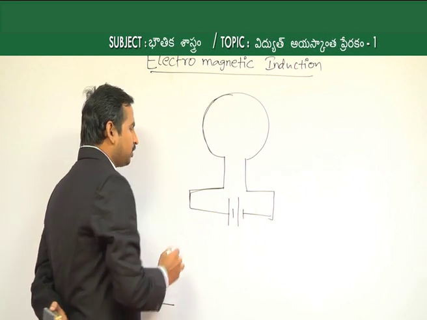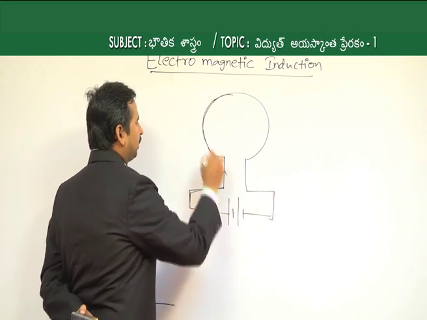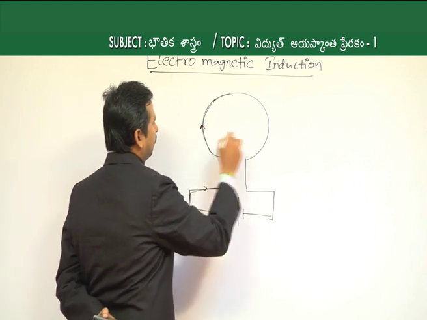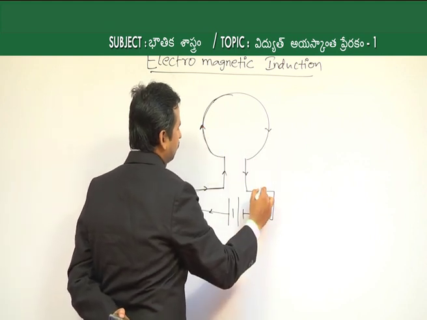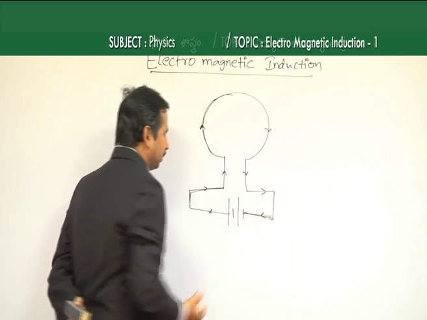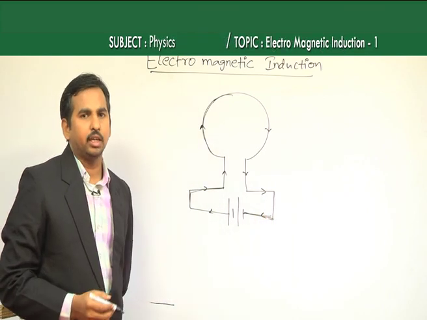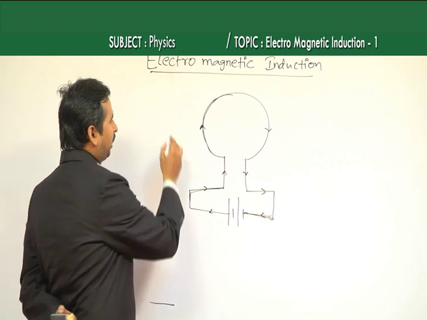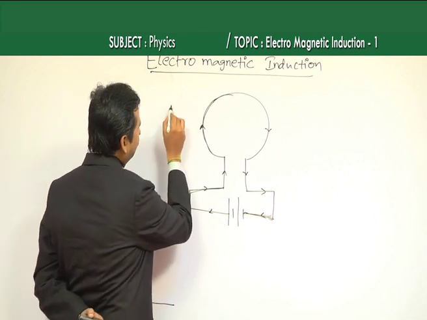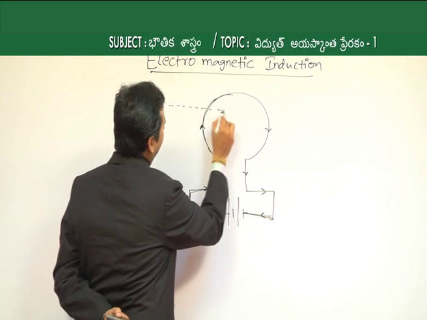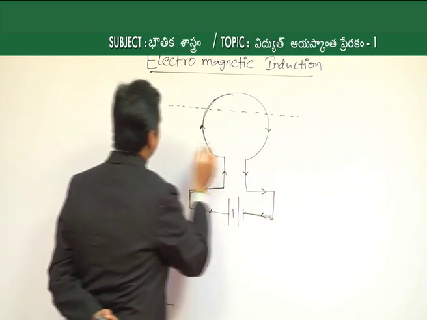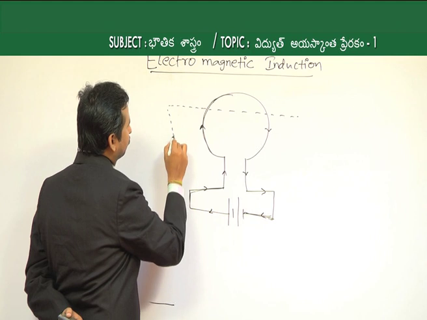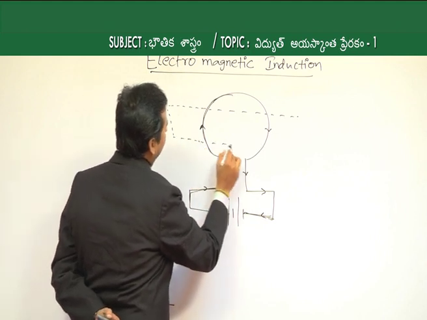As the current passes through it, going up here and coming down here in this circuit, we take the magnetic lines of forces around this circular coil in this plane.